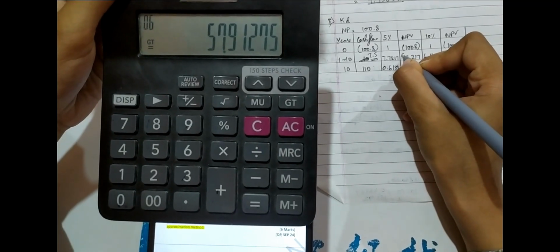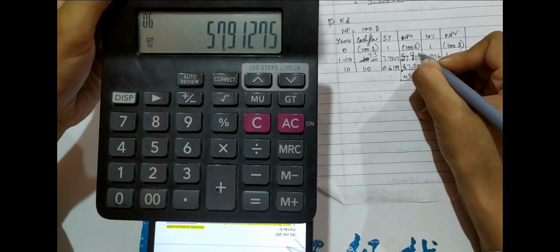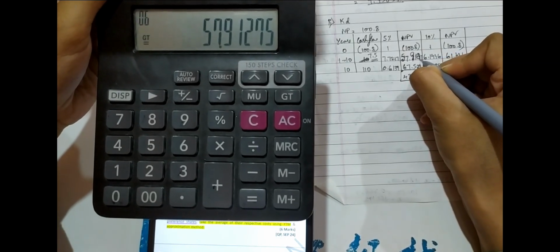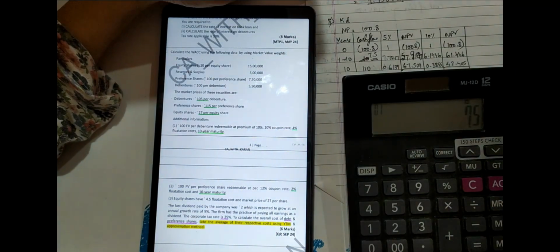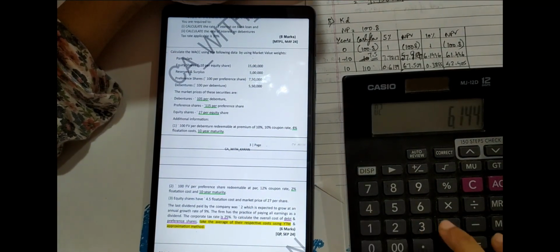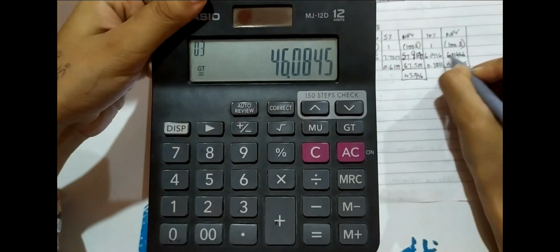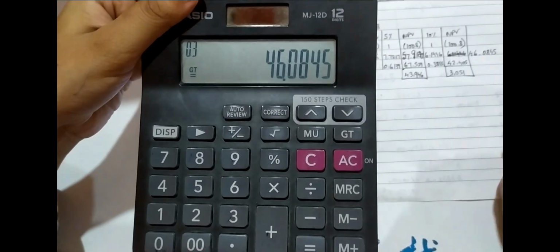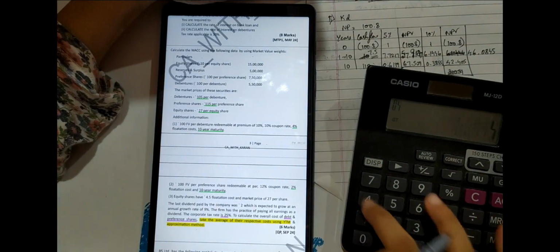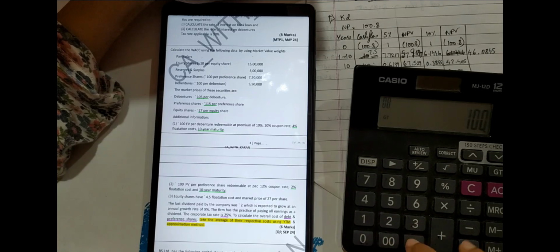So this is 57.9127, and 7.5 into 6.1446. This comes out to be 46.085. So 46.0845. So net present value is going to be 42.405 plus 46.0845 minus 100.8.